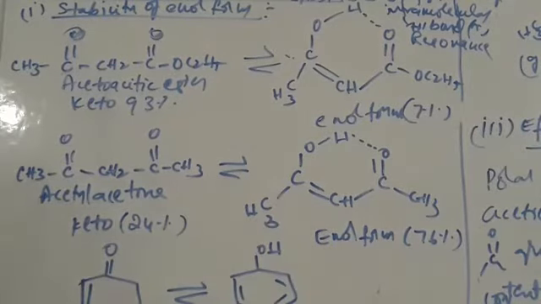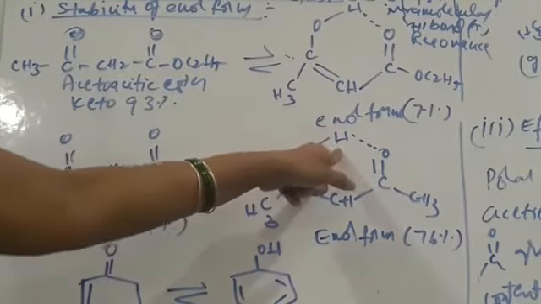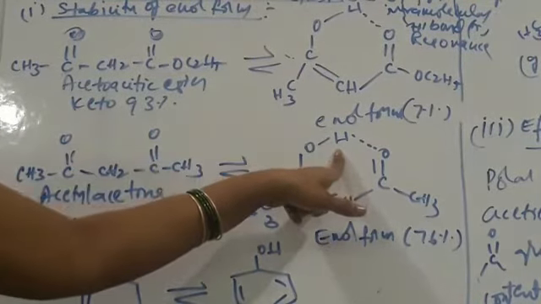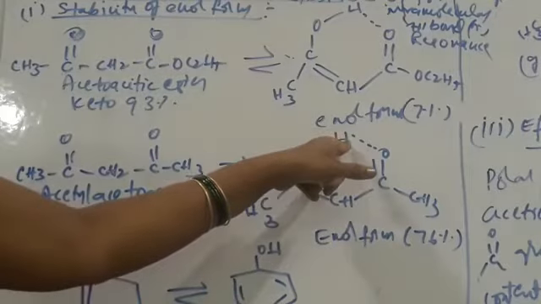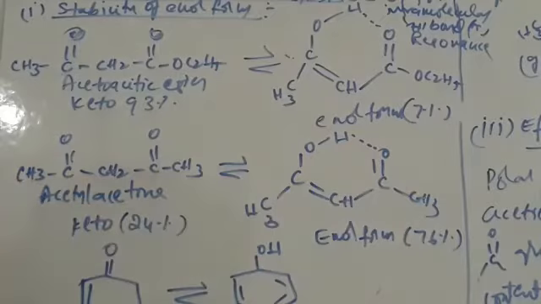After the formation of the enolic form, an intramolecular hydrogen bond forms between the hydrogen of the OH group and the oxygen of the keto group. And here the enolic form is more stabilized.